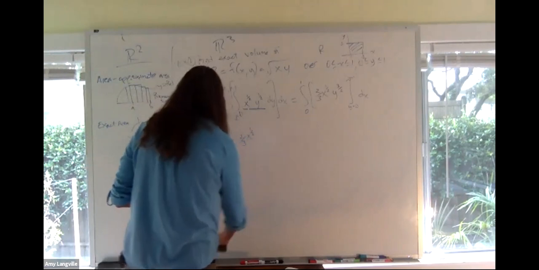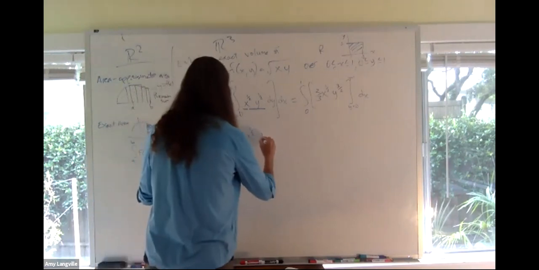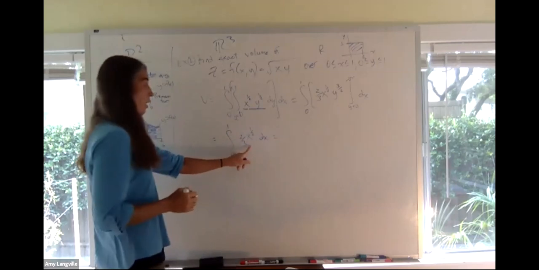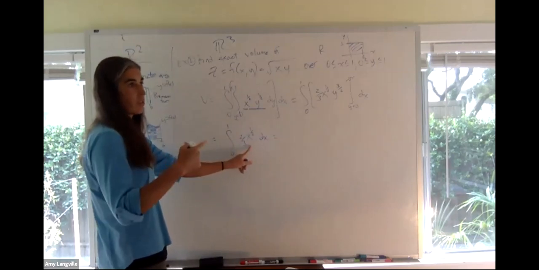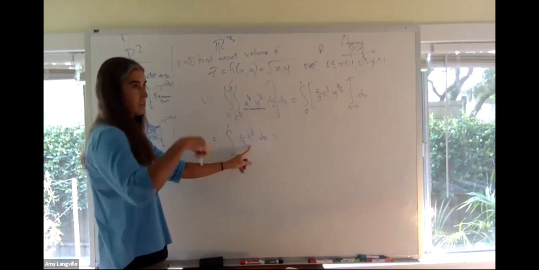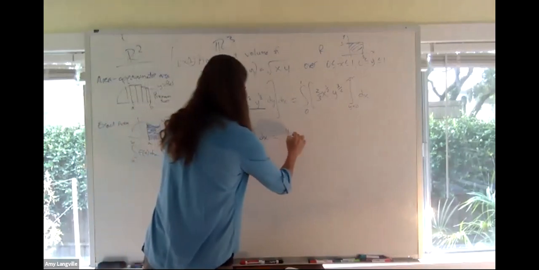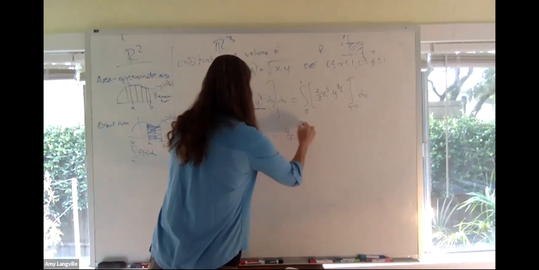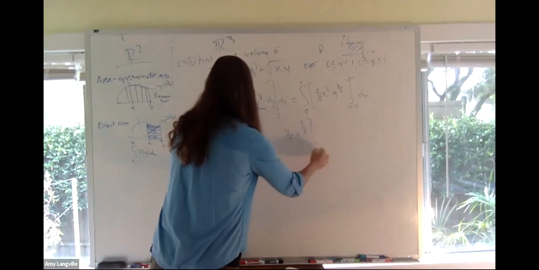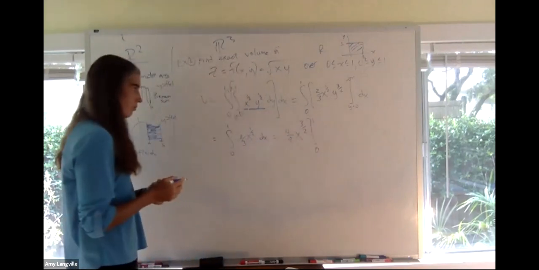All right, so I just need to integrate this with respect to x. Nice power rule, up a power over the power, so x to the 3/2 over 3/2 is x to the 3/2 times 2/3, so times another 2/3, 4/9 x to the 3/2, evaluated from 0 to 1.